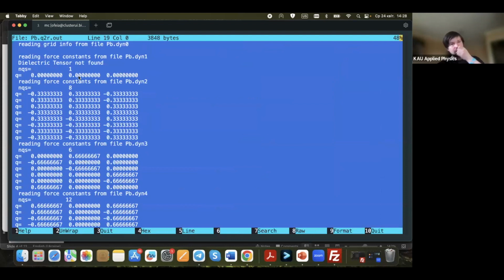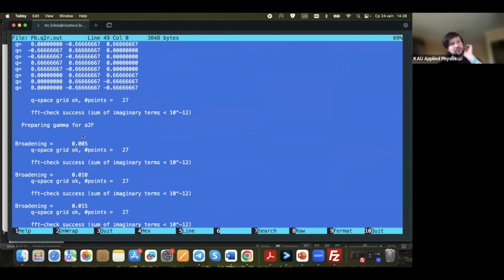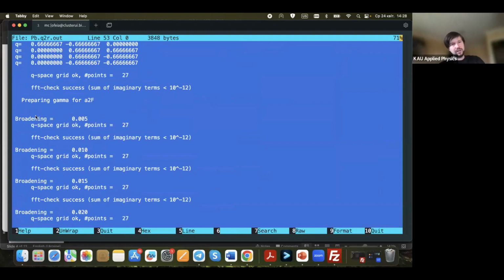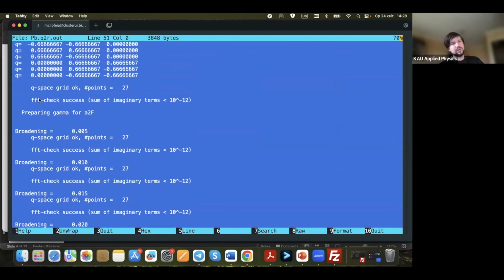It took these k-points, one k-point reducible, then the second, which stands for 8, 6, 12, and also something new. It prepares gamma for the spectral function, so it takes this broadening, takes some number of points and applies a fast Fourier transform.